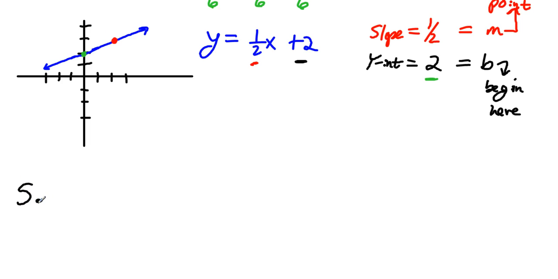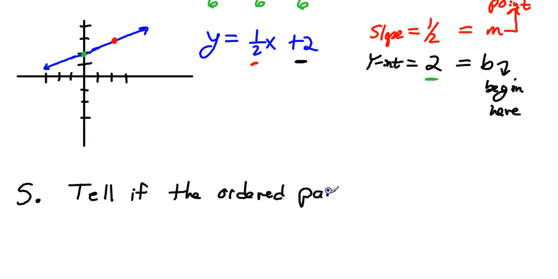For the fifth one, this is where they ask you to tell if the ordered pairs are solutions.